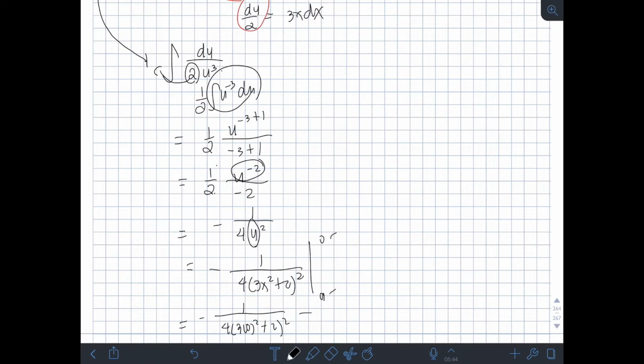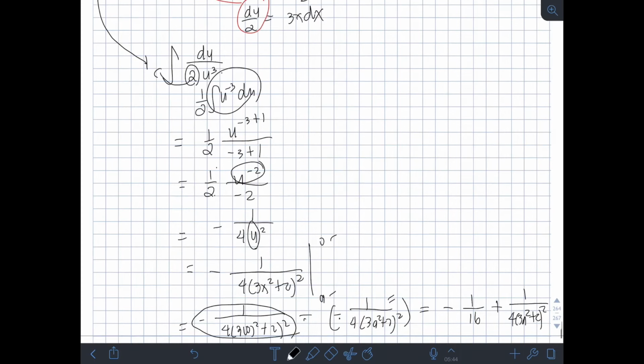Minus, substitute a for x: negative 1 over 4 times (3a squared plus 2) squared. Simplifying, how much is this first expression? Negative 1 over 16, right? And then negative times negative is positive, same expression: 1 over 4 times (3a squared plus 2) squared.